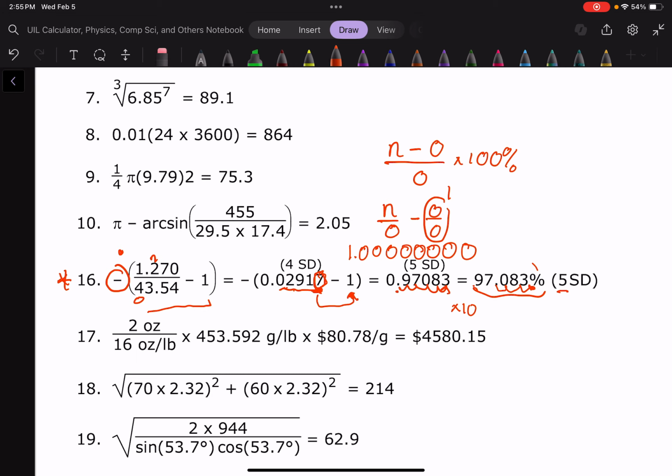The 1 has infinitely many, and the 4 significant digit value has 1, 2, 3, 4, 5 decimal places. So we're going to want to keep an answer with 5 decimal places. And then from there, we multiply by the 100. And even though I was saying 5 decimal places, when we multiply by 100, that moves over the decimal place twice. And so it's going to be 5 significant digits with precision to 3 decimal places as a percent.